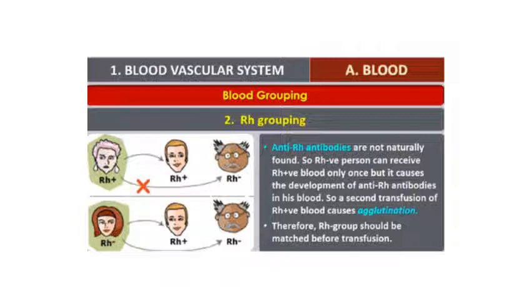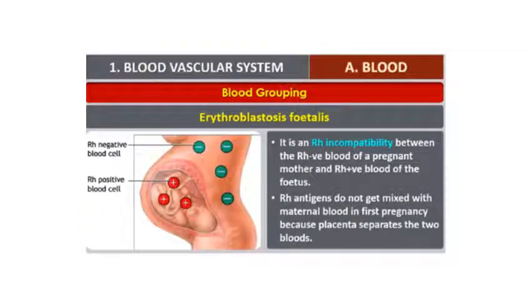Therefore, we have to match the Rh group before the donation of blood. So a Rh positive person will be able to donate the blood to a Rh positive person, but if he donates to a Rh negative person, then we'll have a problem. Whereas a Rh negative person will be able to donate to Rh positive as well as Rh negative.